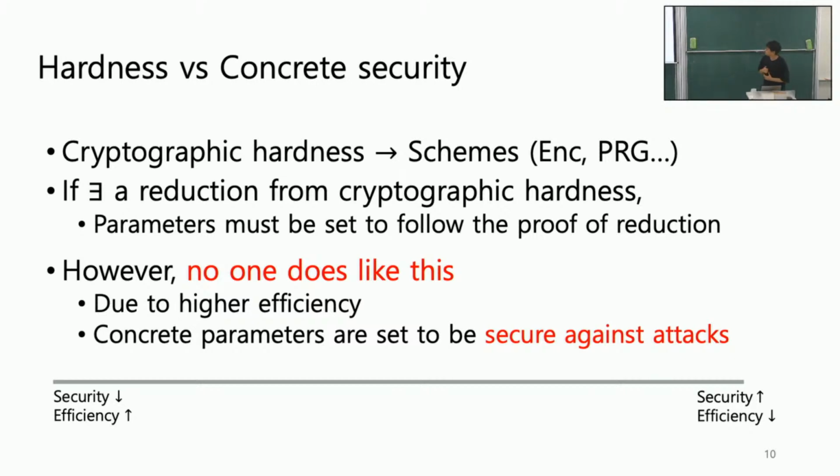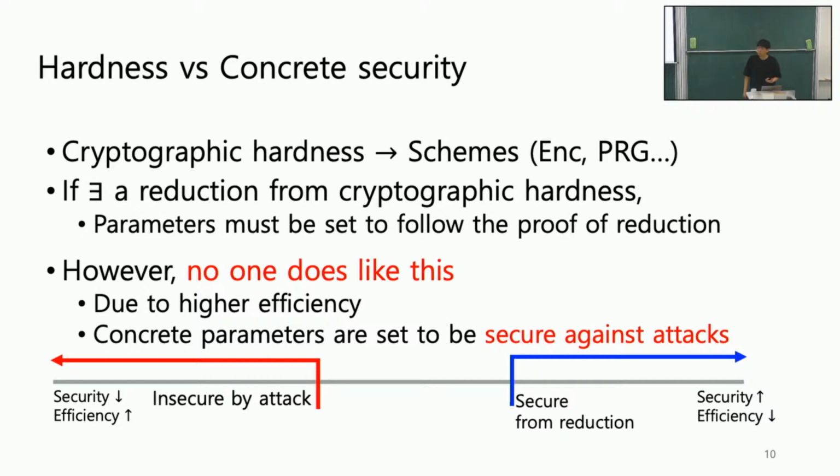So more intuitively, let's see the graph about parameters. When you use large parameters, then our scheme is more secure but less efficient. On the other hand, when you use small parameters, then our scheme is more efficient but less secure. Okay, and we assume that we have a security reduction, security proof, and we also have attacks, shown as the blue and red areas.